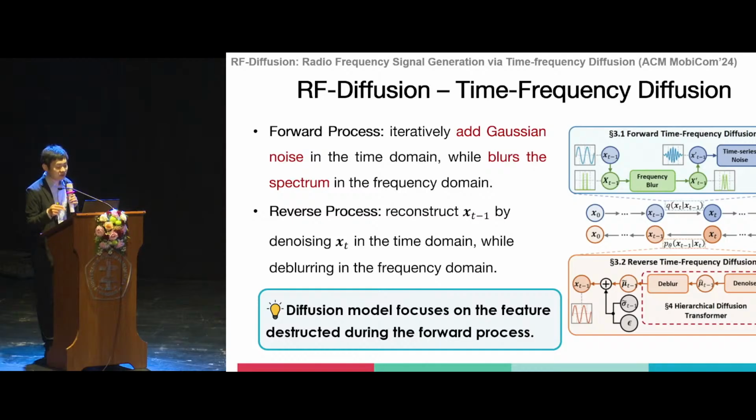The purpose is simple. Since a diffusion model learns how to recover the original signals from a degraded one, we deliberately destroy both temporal and spectral structures. So the model has to learn to restore the signal from time and frequency perspectives at the same time. This is the basic idea of RF diffusion.